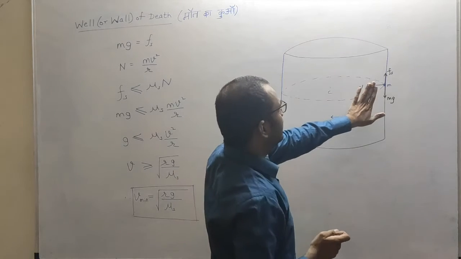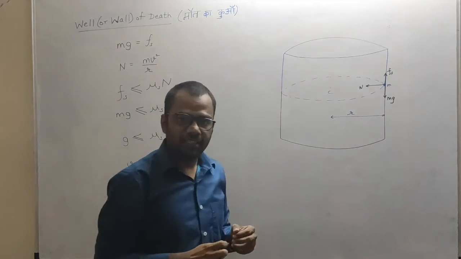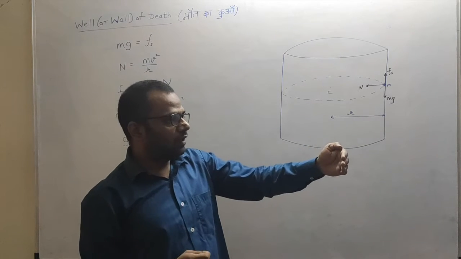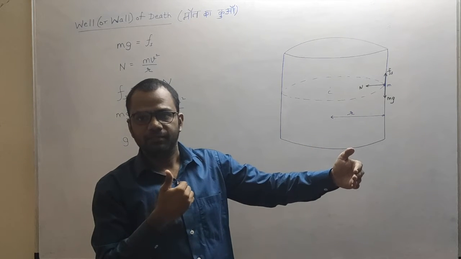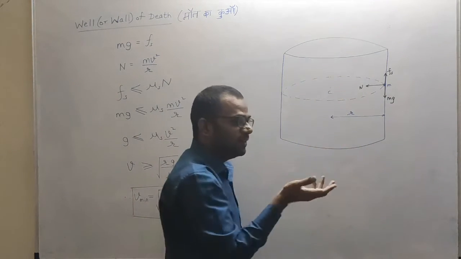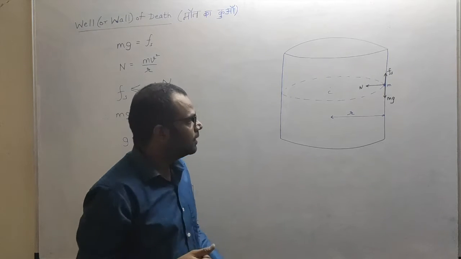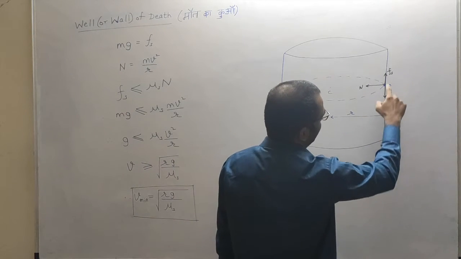Now again, there will be a normal reaction by the wall on the rider, as I have shown. Now this normal reaction will act as the centripetal force for the circular motion. The mg force will act in the downward direction.